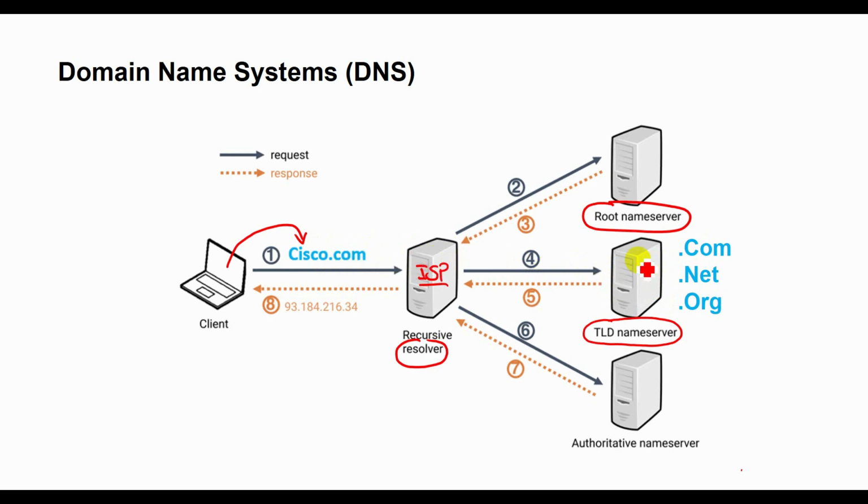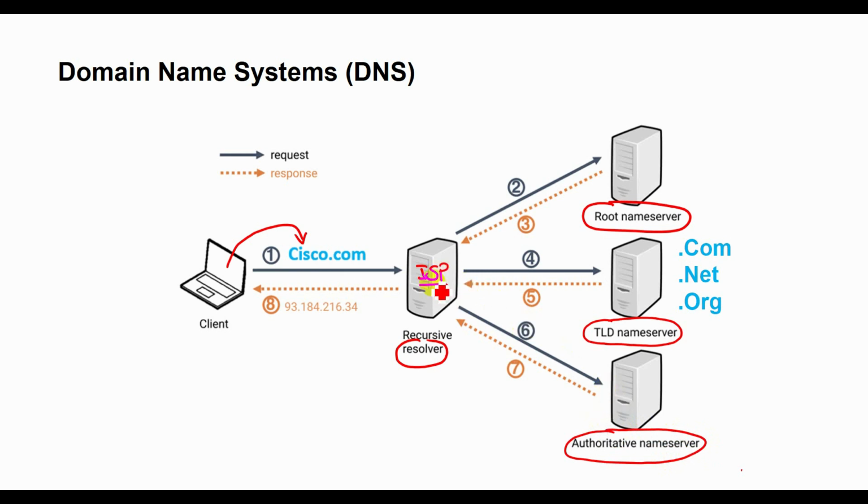So, when the TLD server receives the query for the IP address for Cisco.com, the TLD server is not going to know what the IP address is for Cisco.com. So, the TLD will direct the resolver to the next and final level, which are the authoritative name servers.